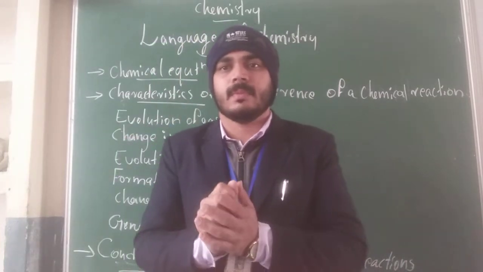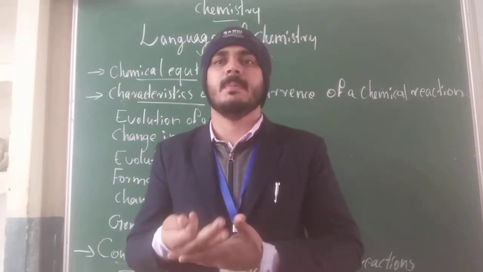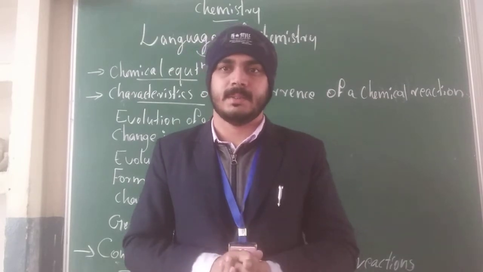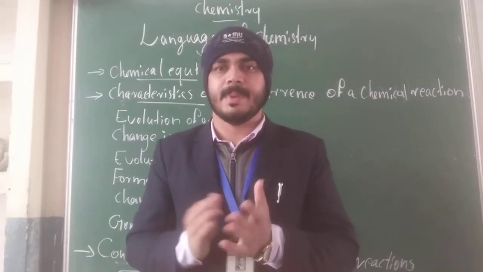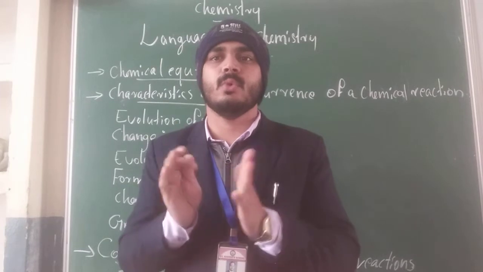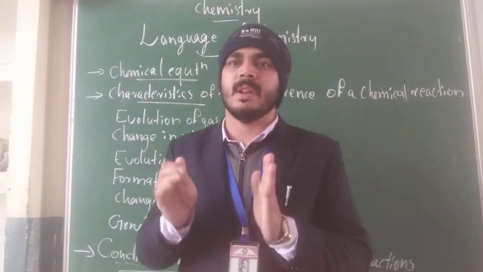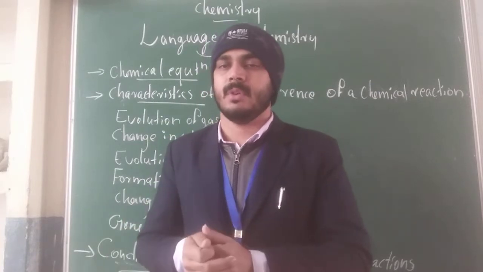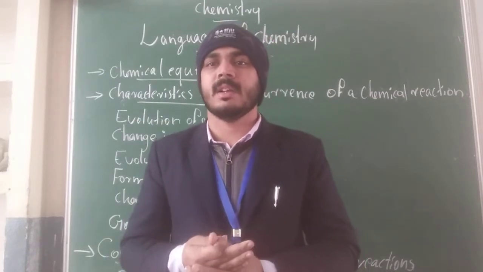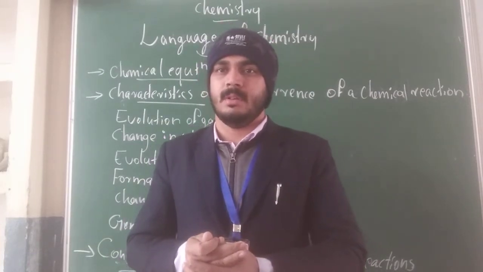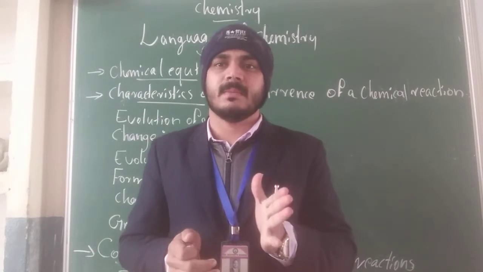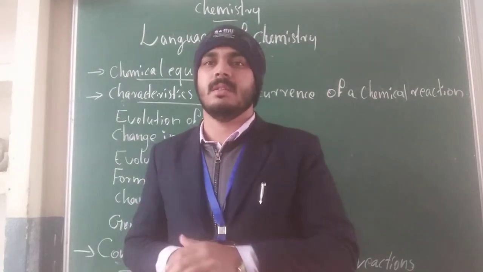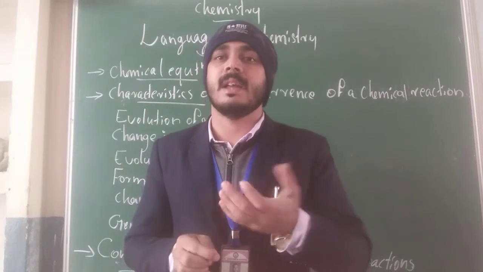First of all, I hope all of you know what is meant by chemical reactions. Chemical reactions have two important parts: the reactants and the product. What do you mean by reactants? The substances that take part in a chemical reaction are called reactants.